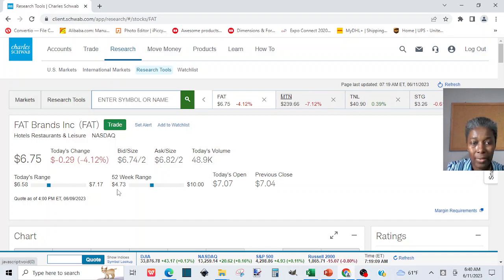Therefore, you take the time to write the 52 weeks low and the 52 weeks high. So it's sold from $4.73 to $10 within the current 52 week range. And right now it's at $6.75, closer to the low than the high.